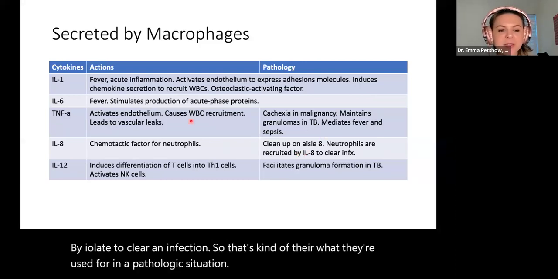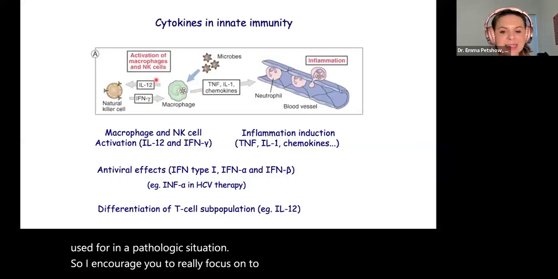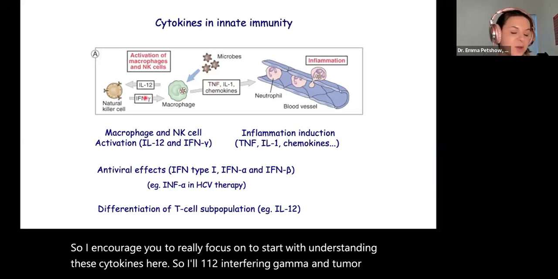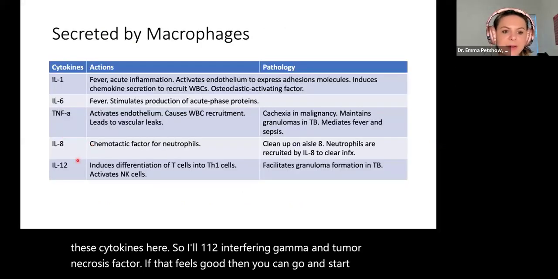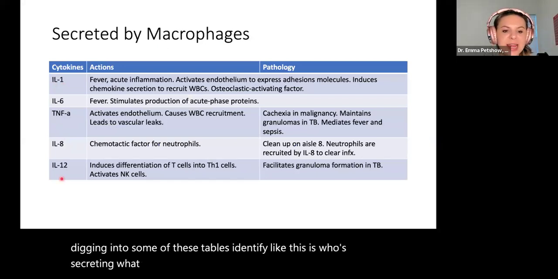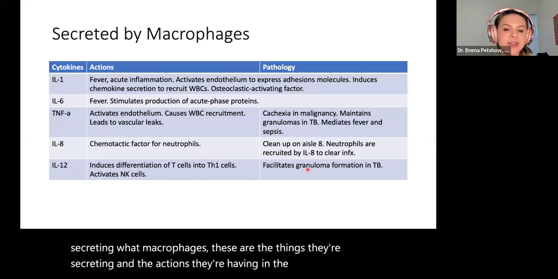So I encourage you to really focus on, to start with, understanding these cytokines here. So IL-1, IL-12, interferon gamma, and tumor necrosis factor. If that feels good, then you can go and start digging into some of these tables, identify who's secreting what, macrophages, the things they're secreting, the actions they're having in the body, and potentially a complication to those actions.